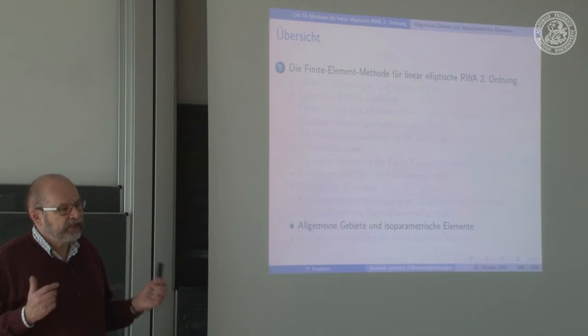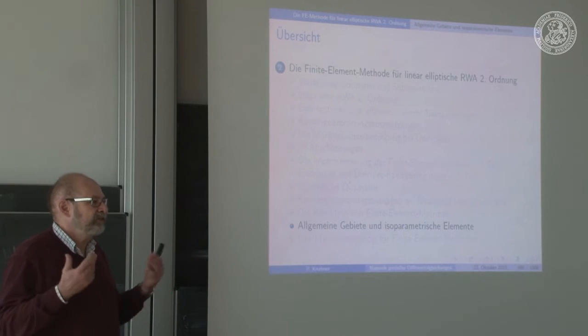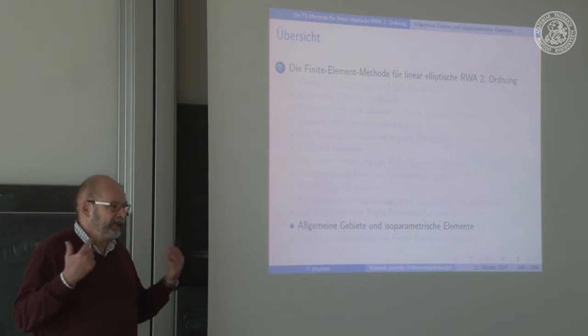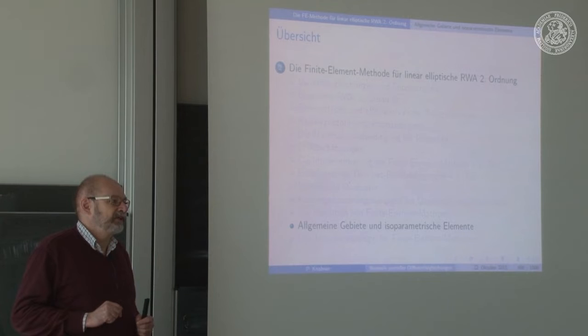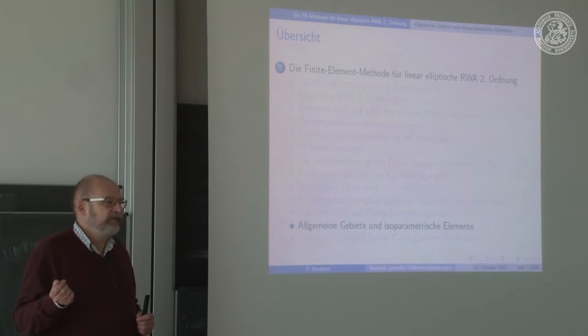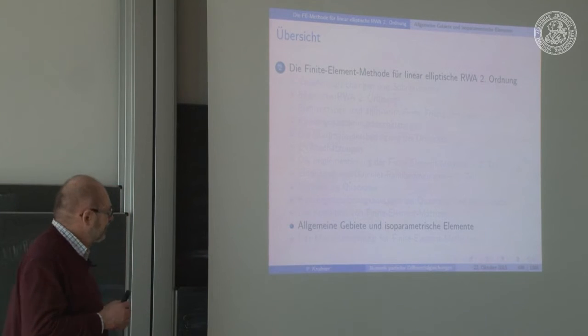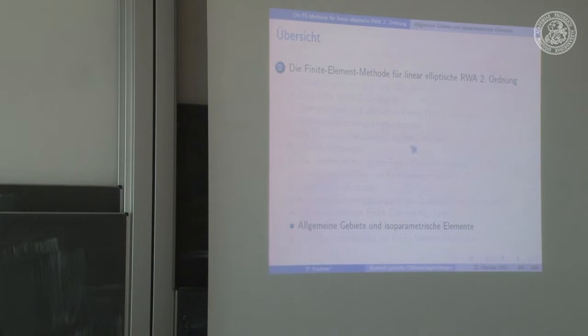That's not general rectangles in 2 dimensions, or hexahedra in 3 dimensions. So we have to allow for more general transformations from the reference element. This is what is called isoparametric elements, and these things are related.